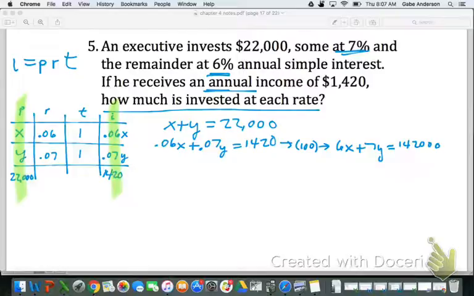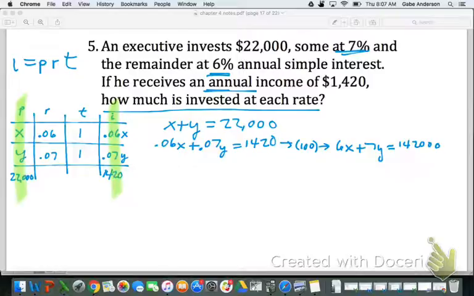Now let's think one step ahead. What method would you guys like to use to solve this system? Would you like to use elimination, substitution, or graphing? Substitution. Do you guys agree with that as a good method? Is it perfectly set up for substitution right now? Subtract x from the top. If we're going to use substitution, we're either going to have to subtract x on the top or y from the top. That would make the most sense.